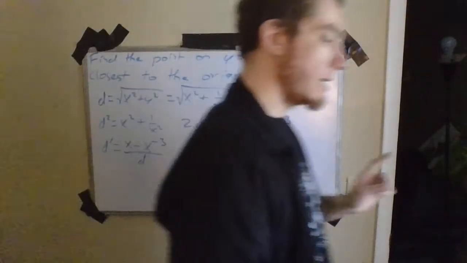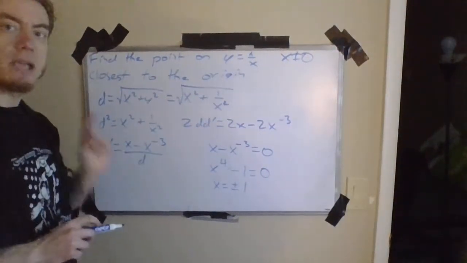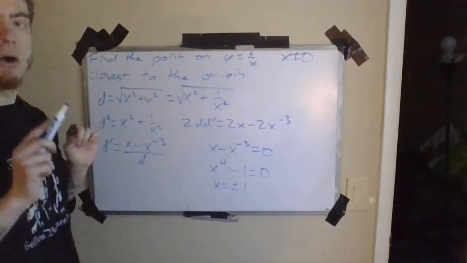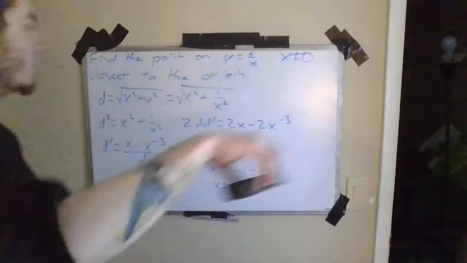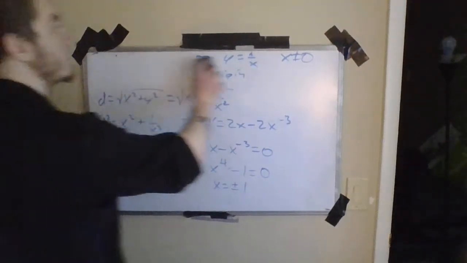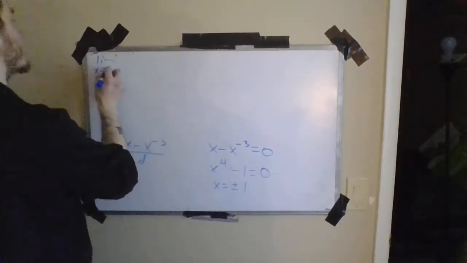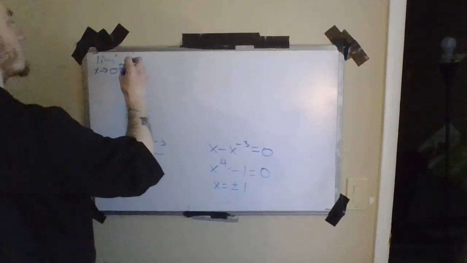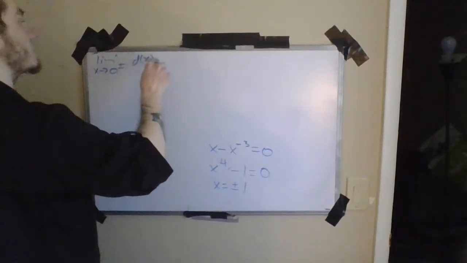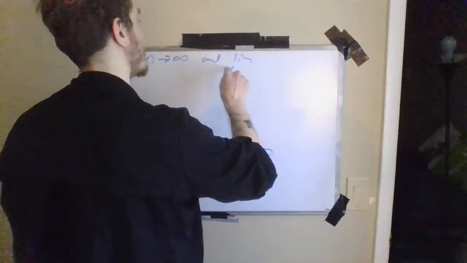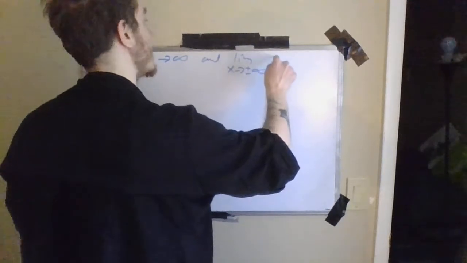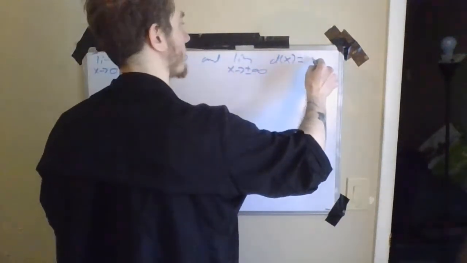Now, can we argue that these minimize? Yes. And the argument is the same as last time, almost. The argument that these are both minimums is going to come from the fact that in the limit as x approaches 0 from the right or left, the distance function approaches infinity, and in the limit as x approaches plus or minus infinity, the distance function also approaches infinity.